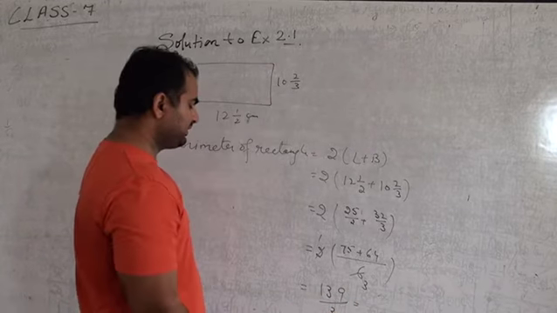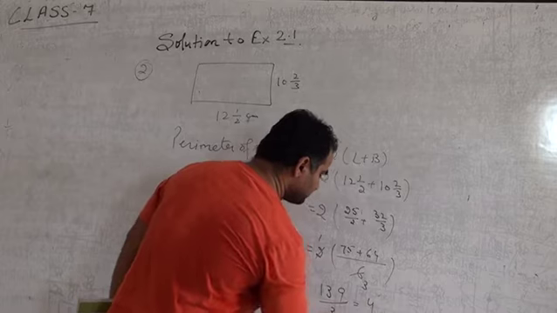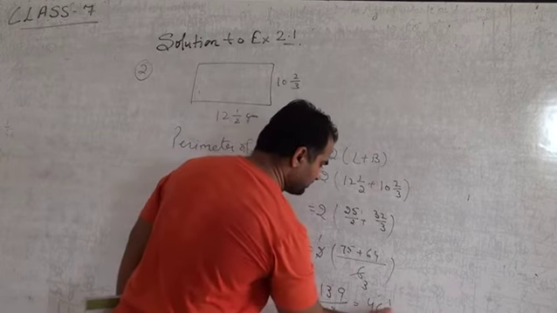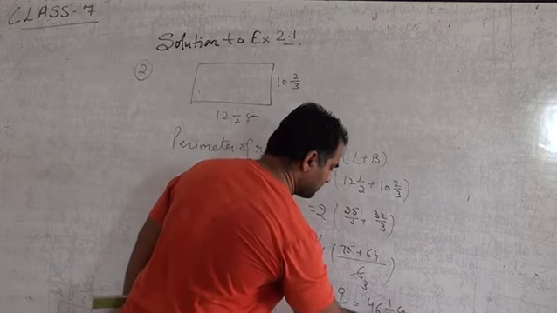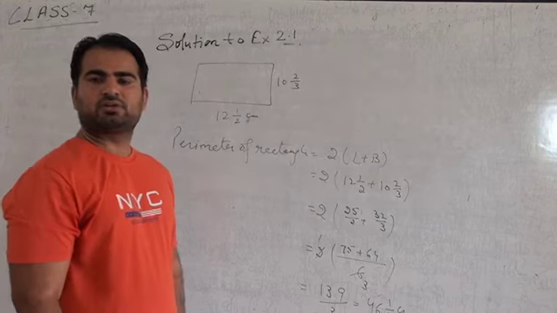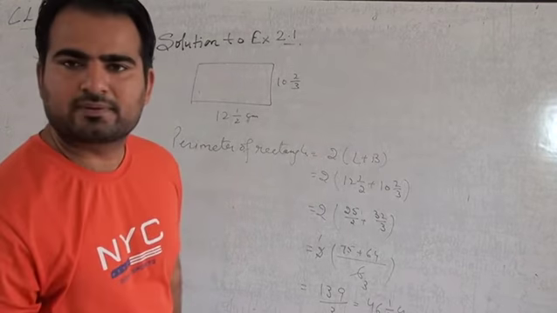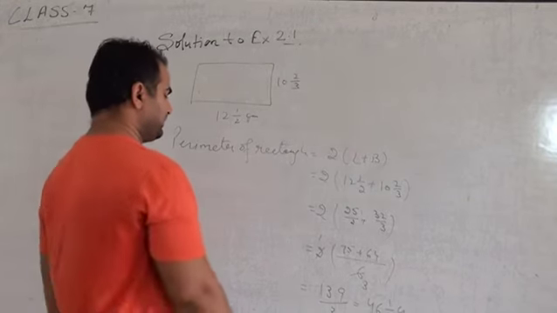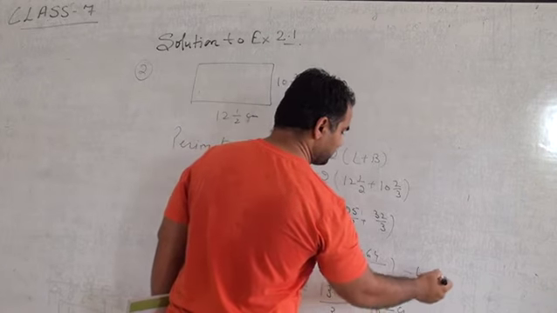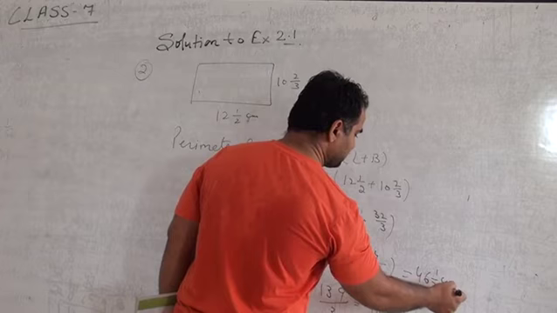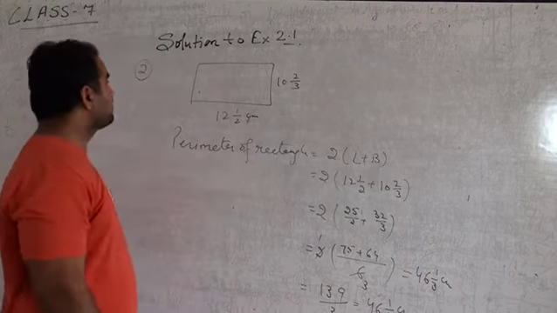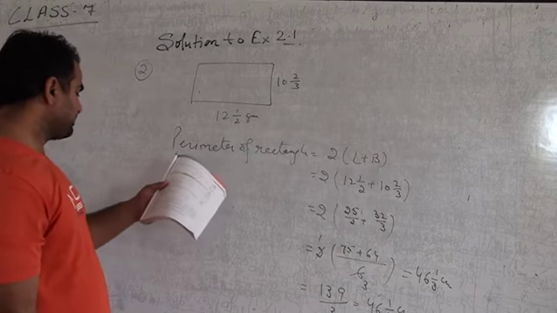So we can say that it will be 3 4s are 12, 3 6s are 18, 46 1 upon 3 centimeter. It is the perimeter. Okay. Next, we can write it like 46 1 by 3 centimeter. Done class. It was question number 4.